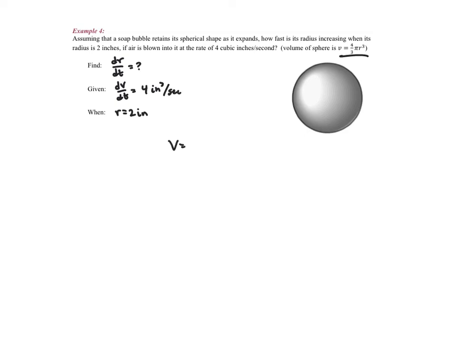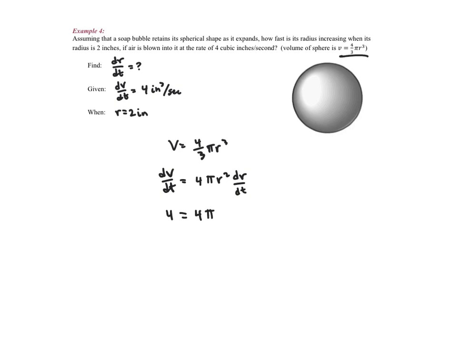Okay, so volume, as we know, is 4/3 pi r cubed. Differentiating both sides with respect to t gives us, the 3 comes down, makes the 4/3 a 4. That'll be 4 pi r squared times dr/dt. Okay, let's sub in and find dr/dt. So dV/dt is 4.